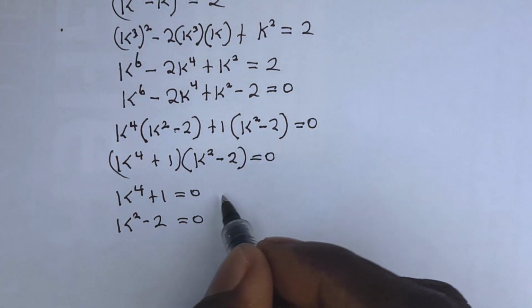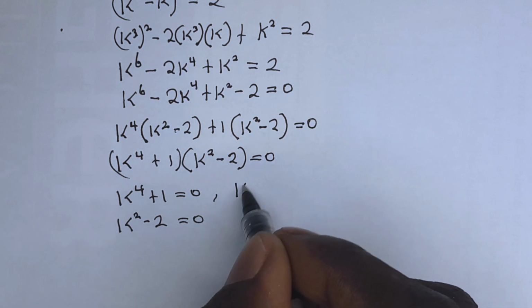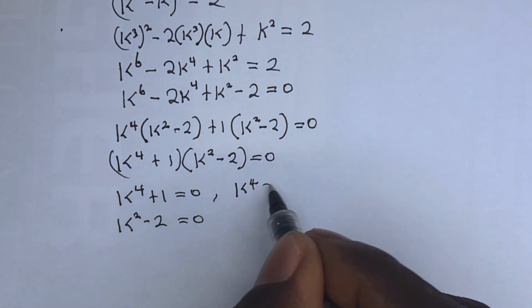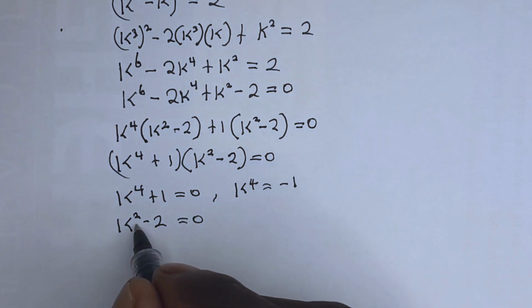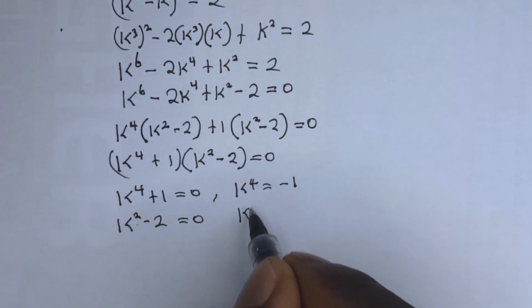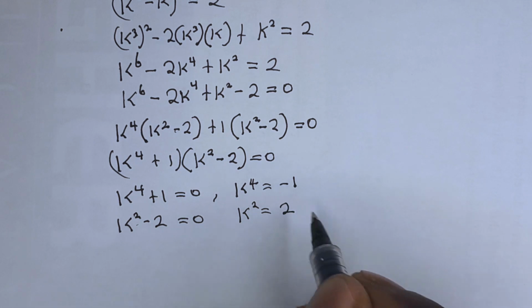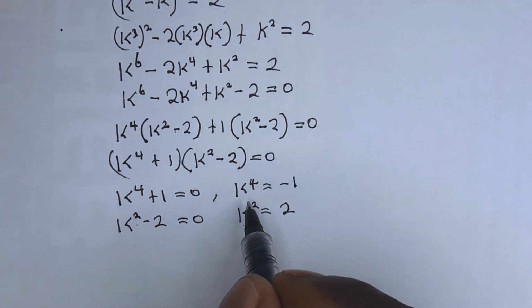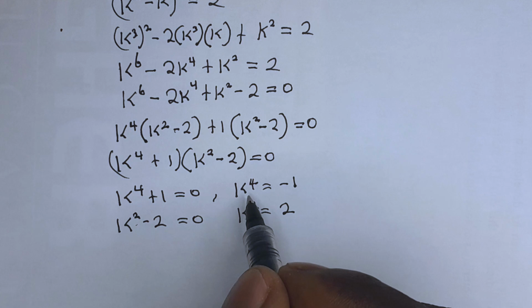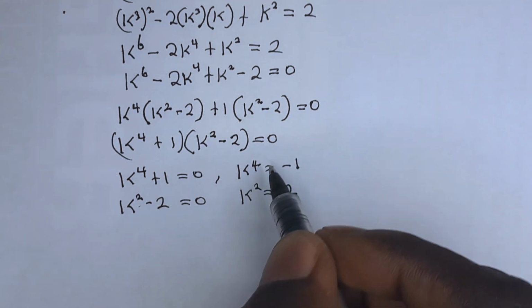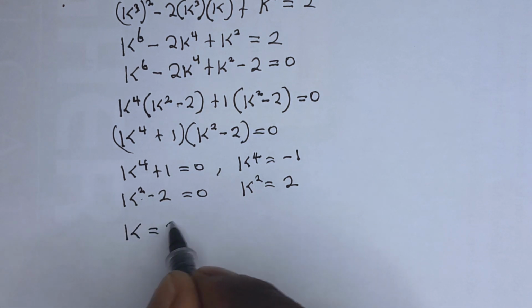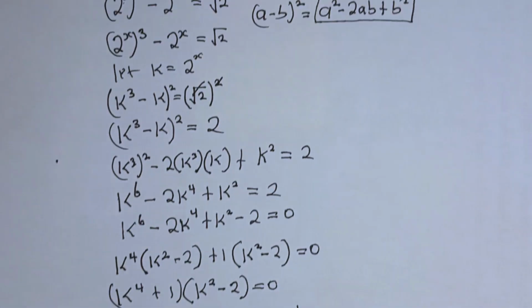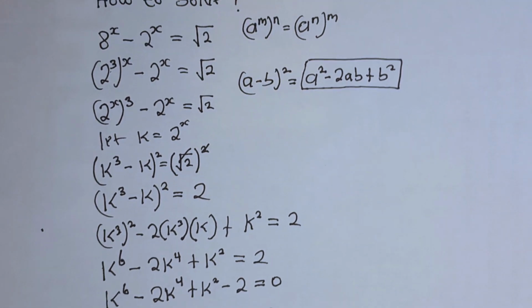From this step, k to the power of 4 is equal to negative 1, and k to the power of 2 is equal to positive 2. And remember, k is equal to 2 to the power of x. We let k be equal to 2 to the power of x before, right?